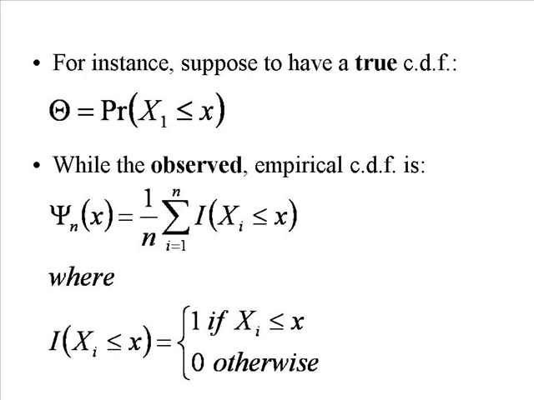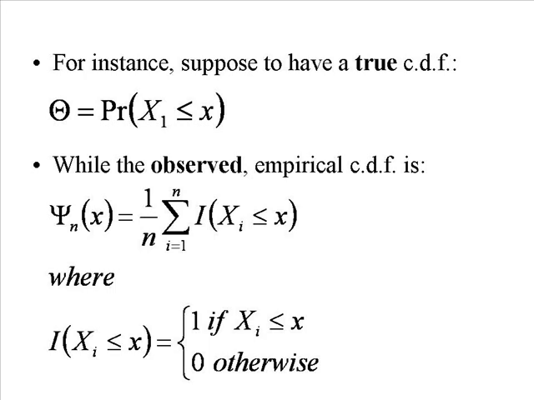So basically, this estimator represents the portion of the sample given by those elements where the indicator function is equal to 1.